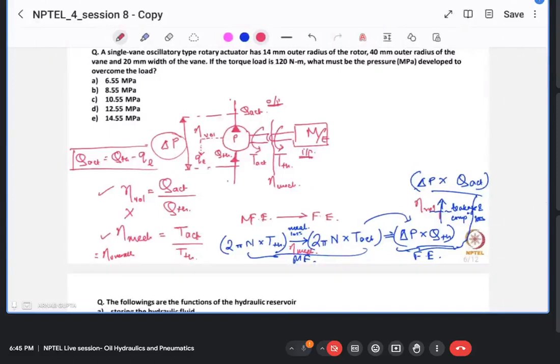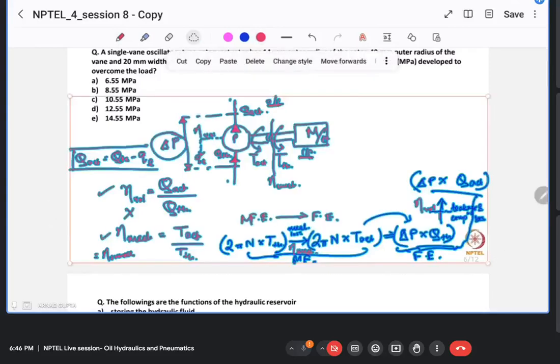Otherwise, for solving numericals, both can be approached in a similar way. This was not a part of this particular numerical or even the agenda for today's discussion, but I just took this up since we discussed it for a motor. The same thing could have been discussed from the point of view of pump.